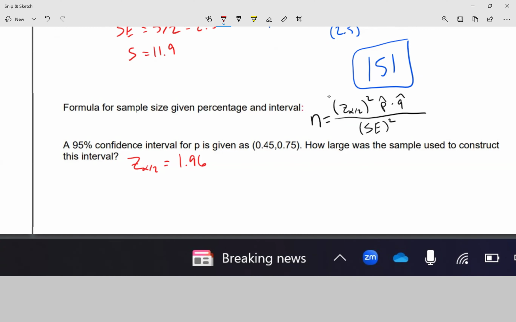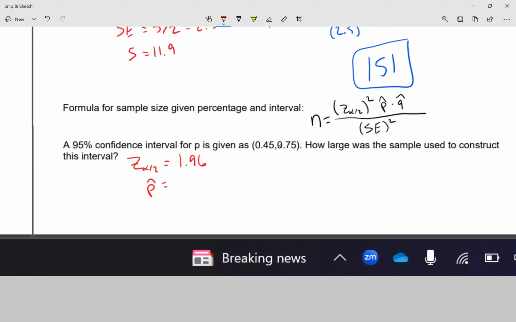Okay, so first of all, I need to find what's P. I know P is a number that is in between these two values. So what number is right in between 0.45 and 0.75? Like right in the middle, do we know? What's the number that is right in between those?